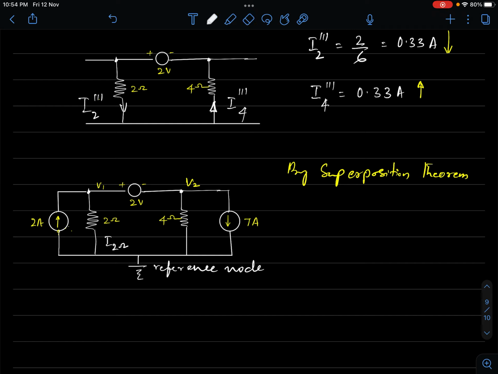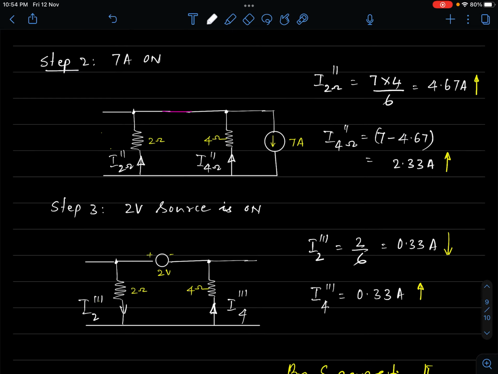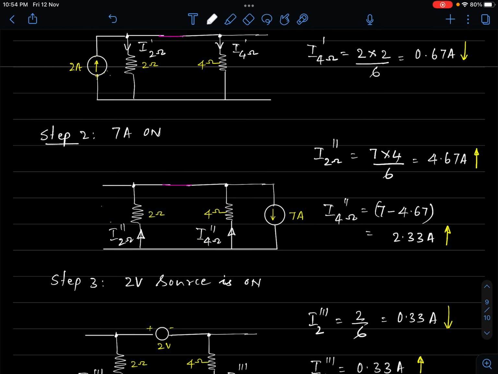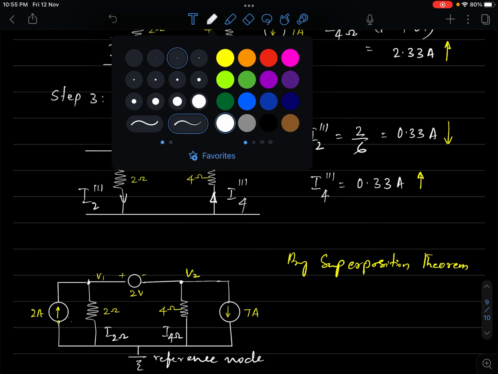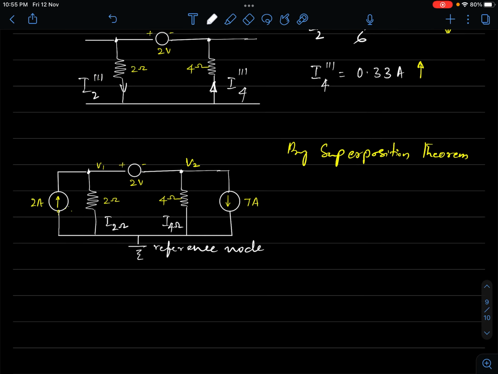I'll not put the direction as of now. I'll try to see what is the direction of flow of current. This is I through 2 ohm. This is I through 4 ohm. How do I compute that? In the 2 ohm resistor, I'll try to take the upward current. Let us try to calculate.